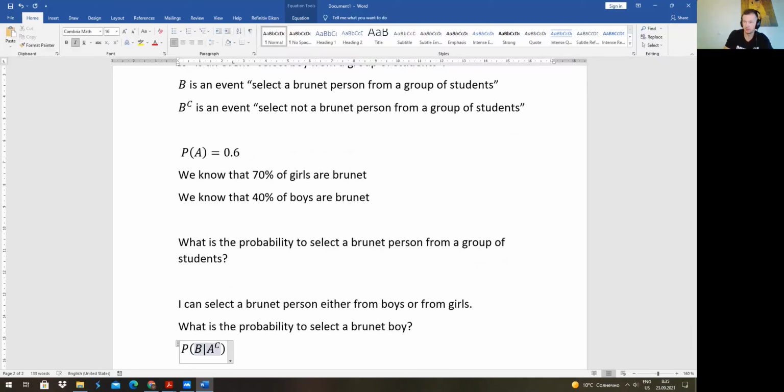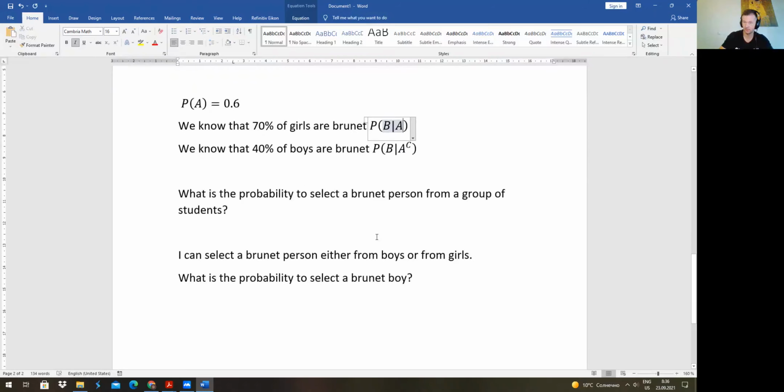Given not a girl. So this is the probability of having a brunette out of boys, and this is the probability to have a brunette out of girls.